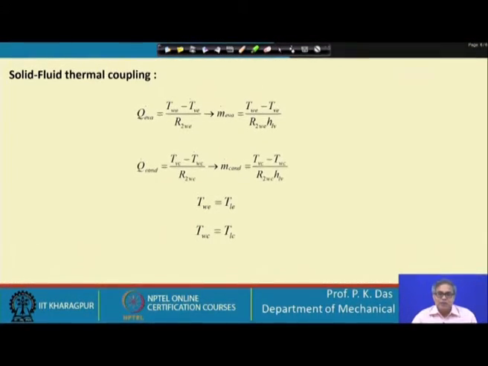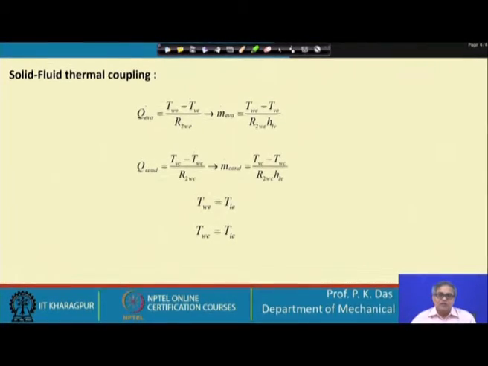We need property values, and of course a small number of correlation coefficients that we have used. We need the dimensions of the heat pipe, and some details regarding the wick structure.